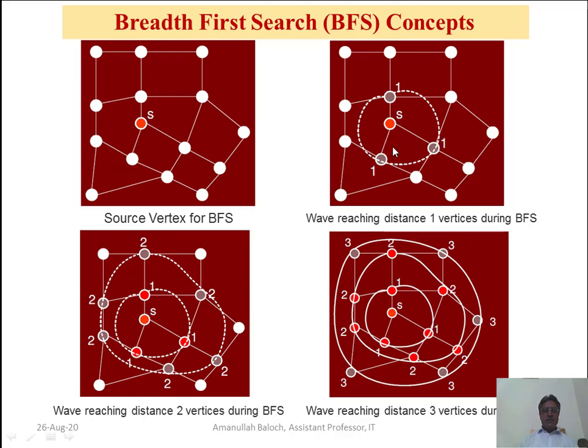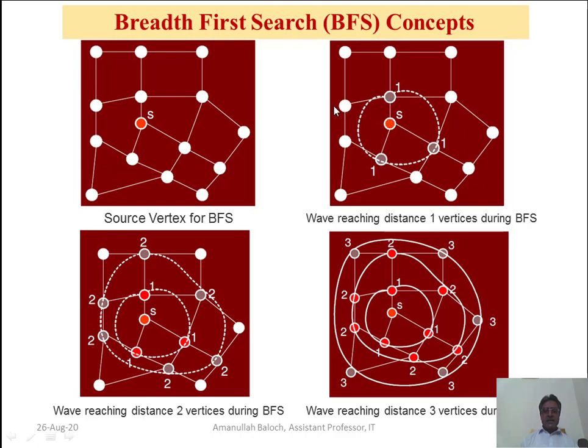Then we will search from here at the distance of two edges. How many nodes exist at the distance of two edges? I think this node exists at the distance of two edges, from one edge and second edge.